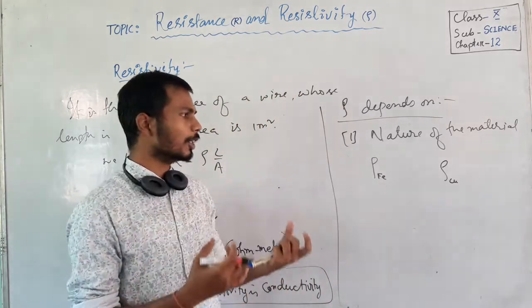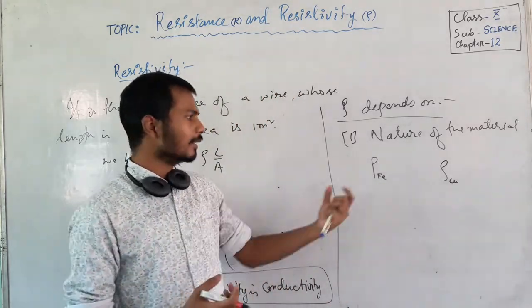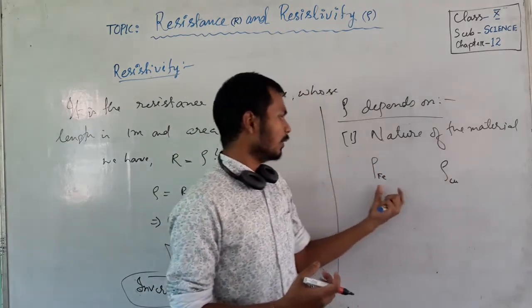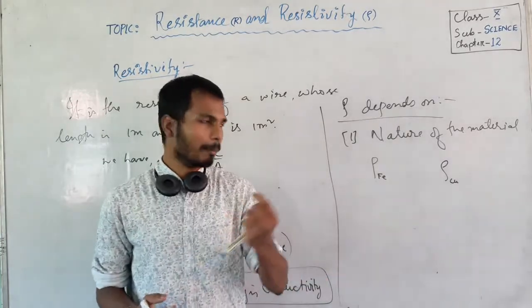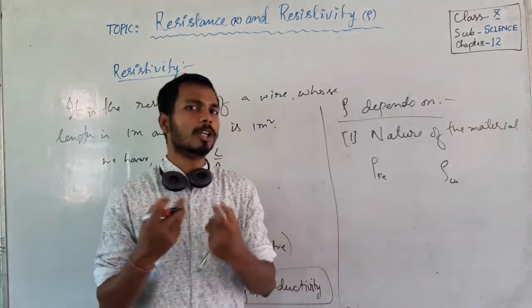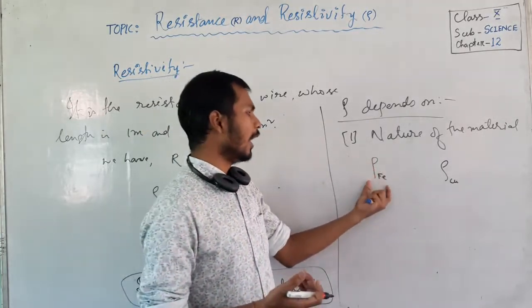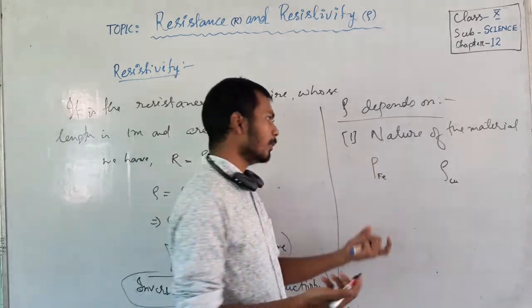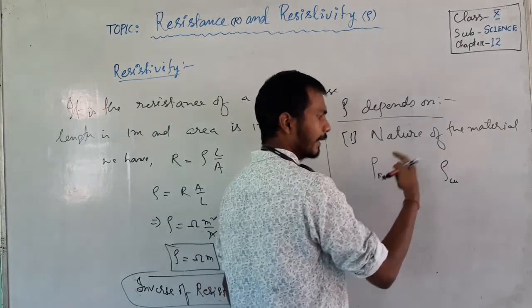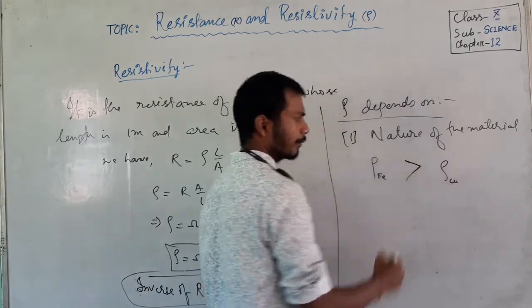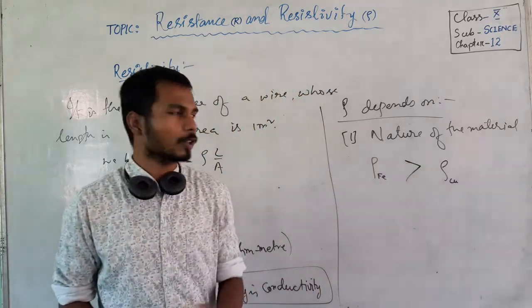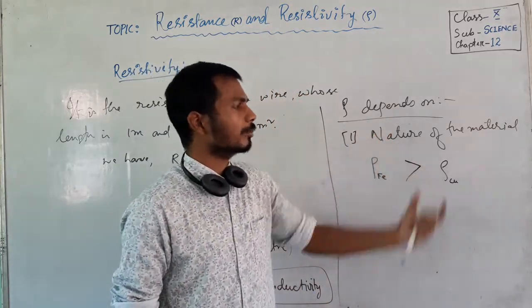Copper is a good conductor compared to iron, so its resistance is low. Iron is a poor conductor of electricity, so its resistance will be high. So automatically the resistivity of iron is greater than the resistivity of copper. Iron and copper are different materials, so resistivity depends upon the nature of the material.